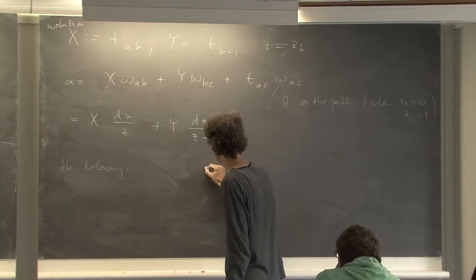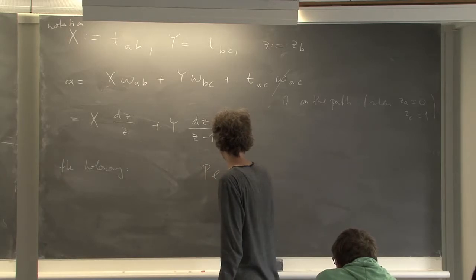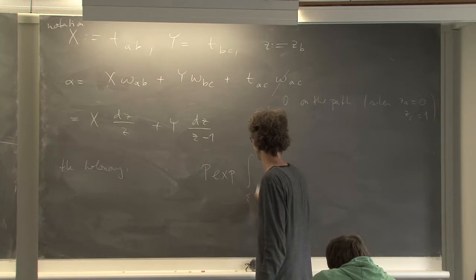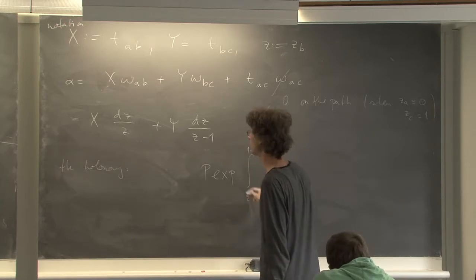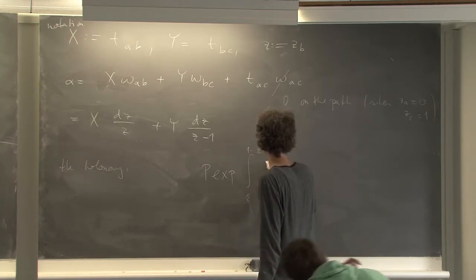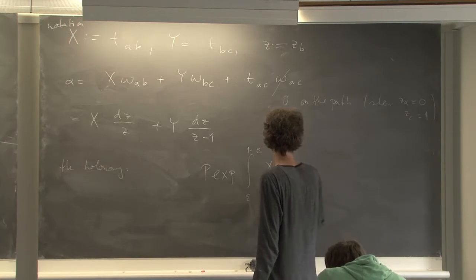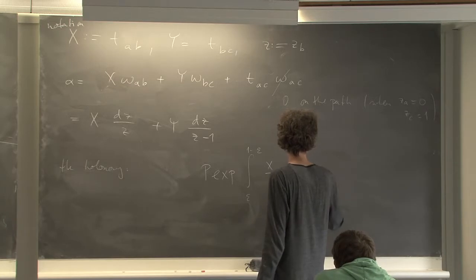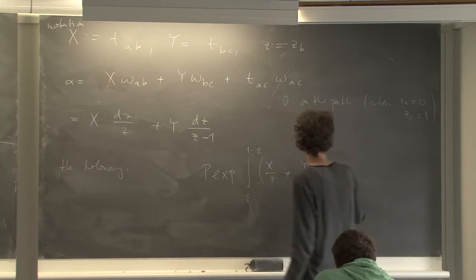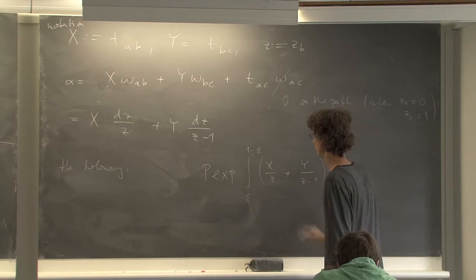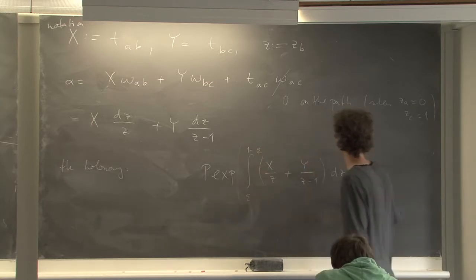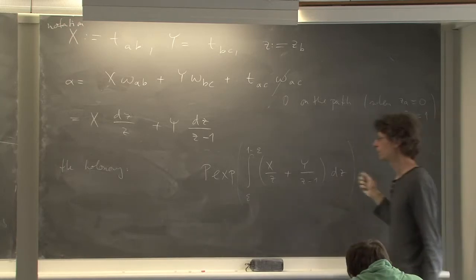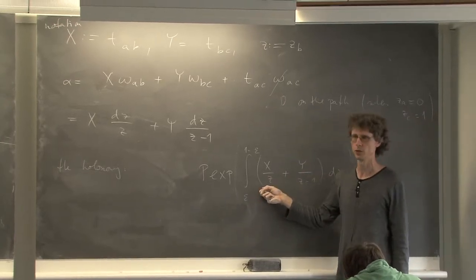So the holonomy is denoted by the path-ordered exponential from epsilon to 1 minus epsilon of X divided by z plus Y divided by z minus 1, dz.